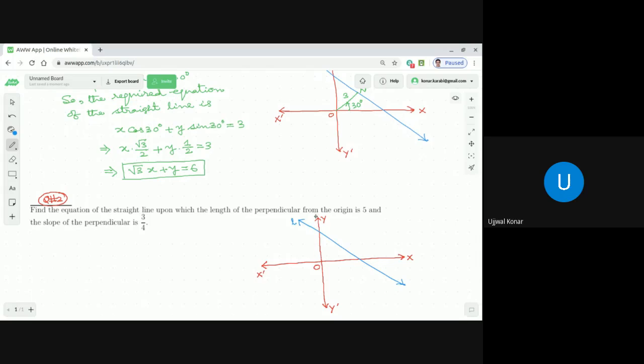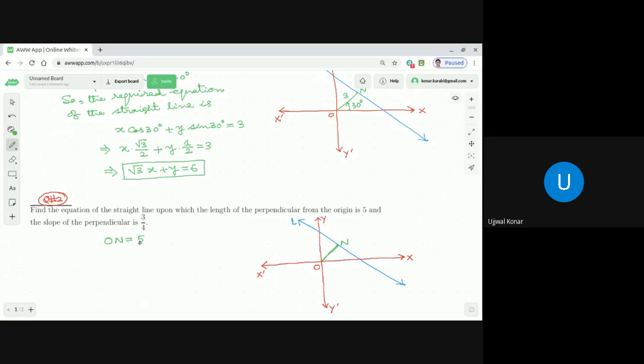There are two pieces of information given. The first one is that the length of the perpendicular from the origin is 5. That means if I draw a perpendicular from the origin to that straight line L, which I'm drawing in green color, and suppose N is the foot of the perpendicular, then according to the question ON is given as 5.